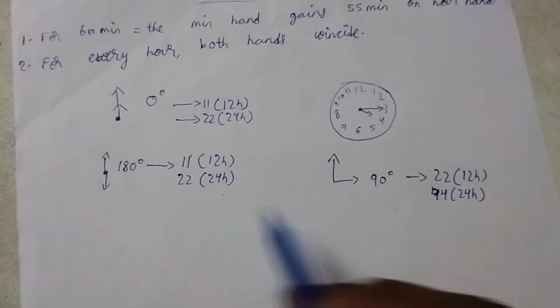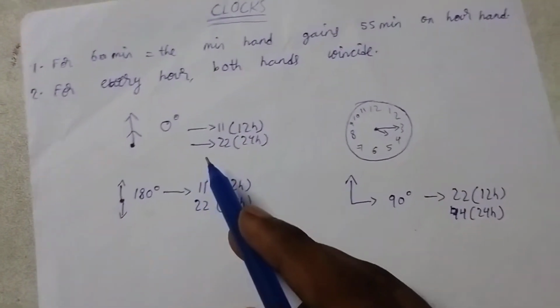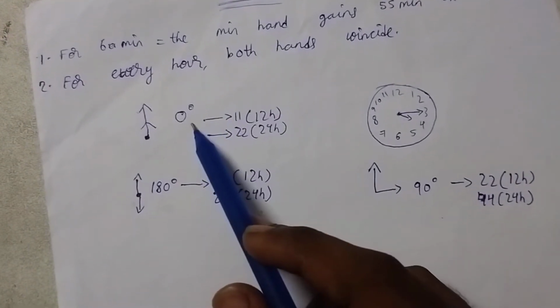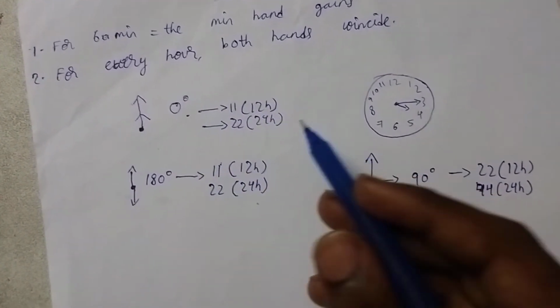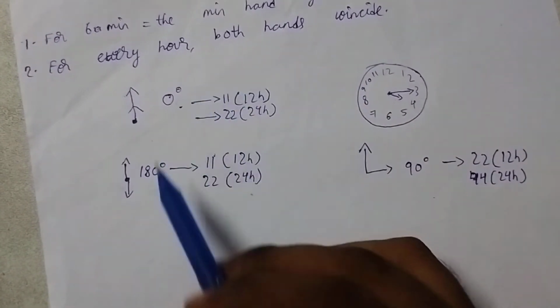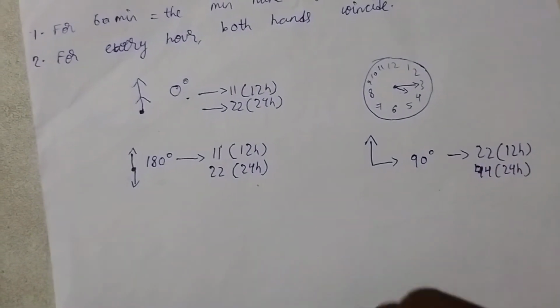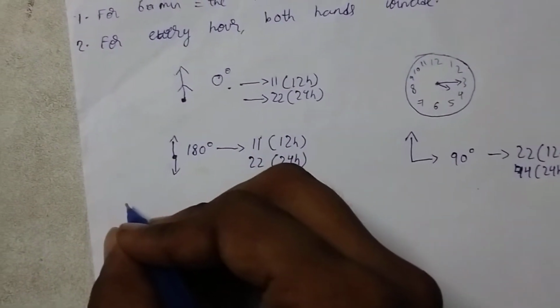This is the basic. Sometimes in questions they ask, when the angle is 0 degrees, how many times the hands of the clock will coincide. In that case we use all this concept to solve the problem.